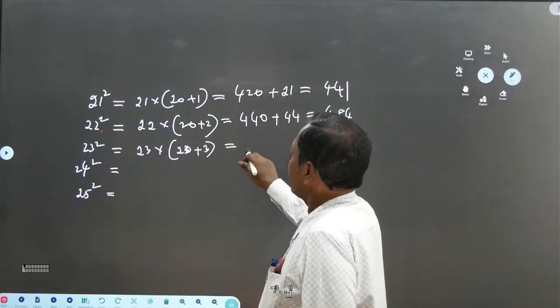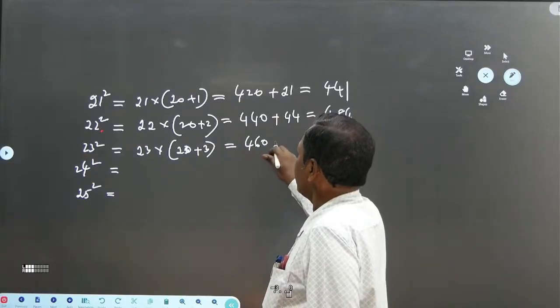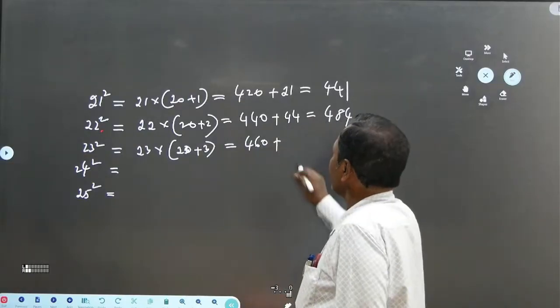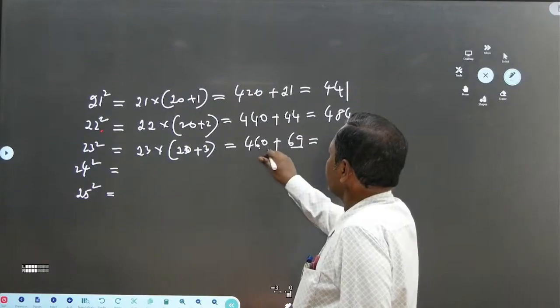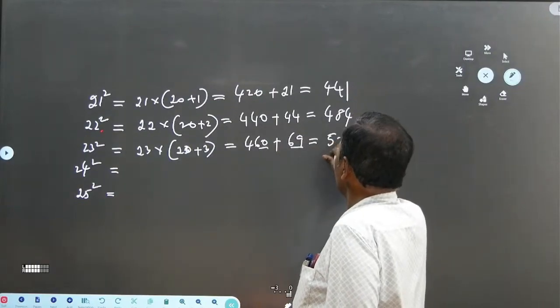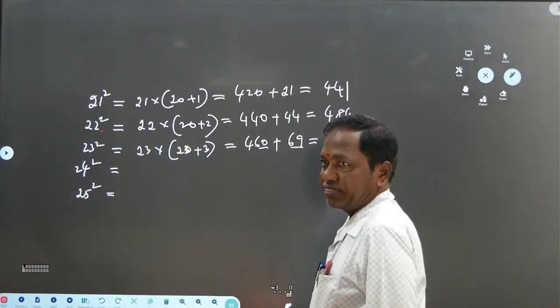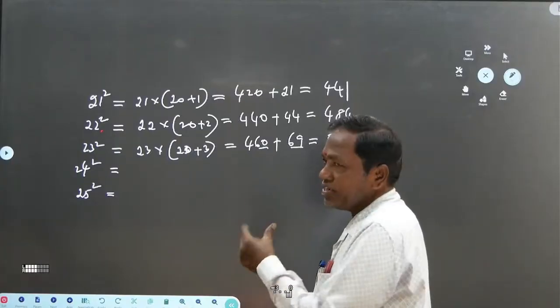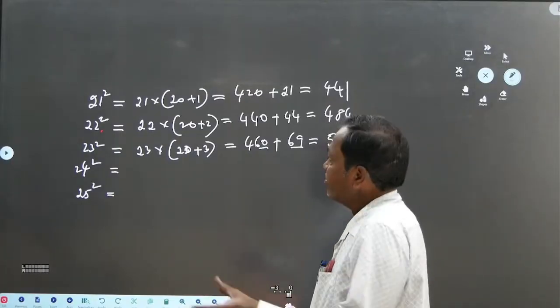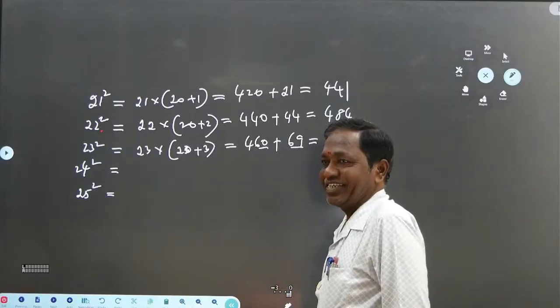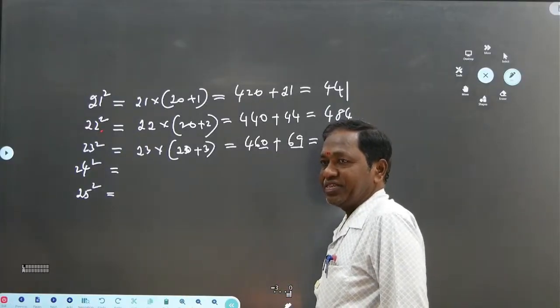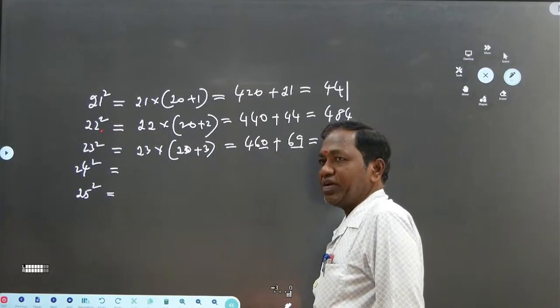It means 46, 460, 23 into 3, 69. 69 plus 60, 129, so 529. See that, you are finishing in one single line. It means you are saving a lot of space. You can choose the options much faster.